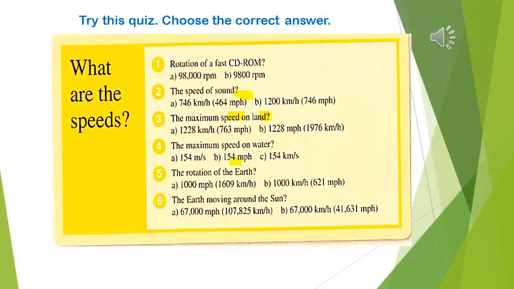The maximum land speed is about 1,228 kilometers per hour. 4. The maximum speed of a boat on water is about 154 meters per second. 5. The Earth rotates at 1,000 miles per hour. 6. The Earth moves around the Sun at 67,000 miles per hour.